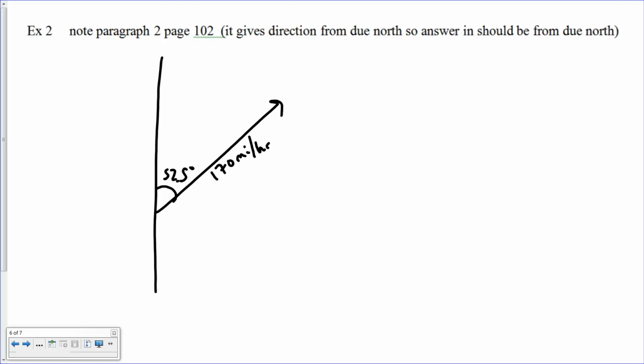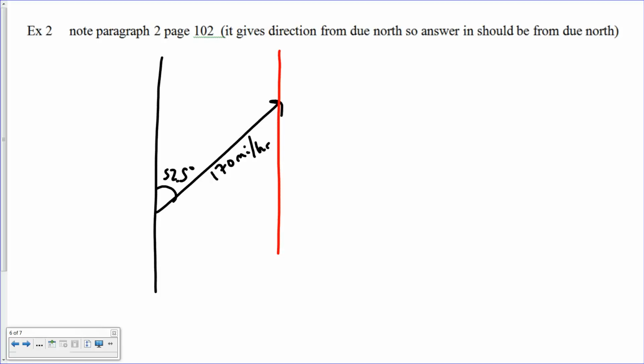That's my initial. Then it says the wind currents are a constant 35 miles per hour at 142.5 degrees from due north. I need to draw this. I want to drop another north-south line because it's an impact.